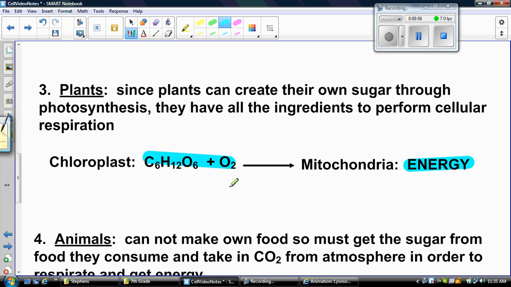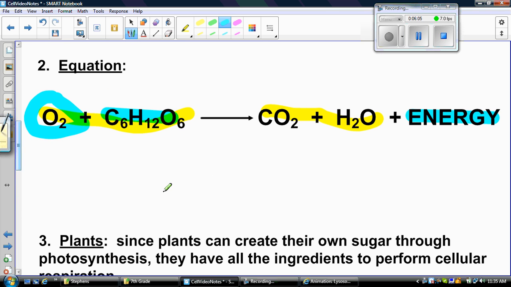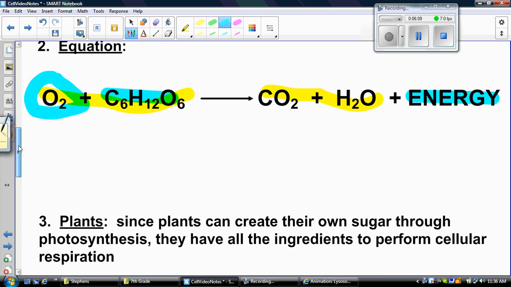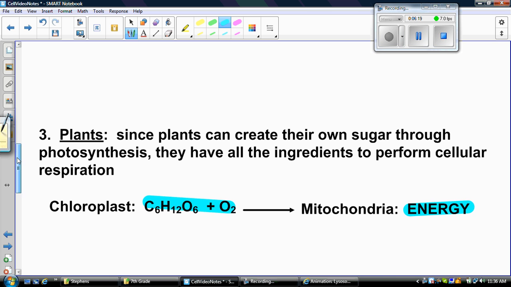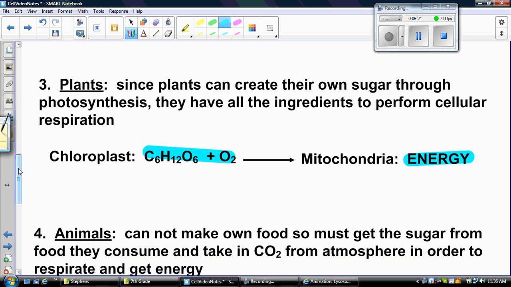They already have the glucose and the oxygen created through photosynthesis. And through cellular respiration, CO2 is a waste, but plants take in that CO2 for photosynthesis. So they really can create their own cycle between photosynthesis and cellular respiration, and they don't really need to take in a whole lot from the outside environment.